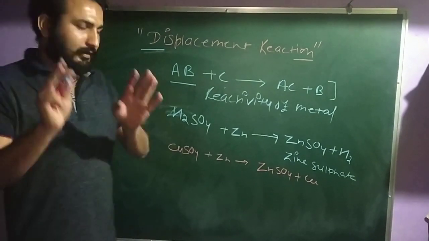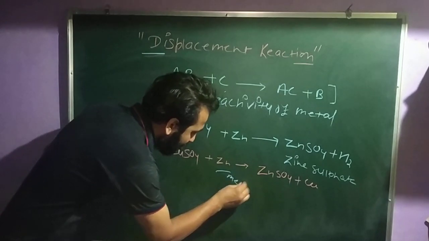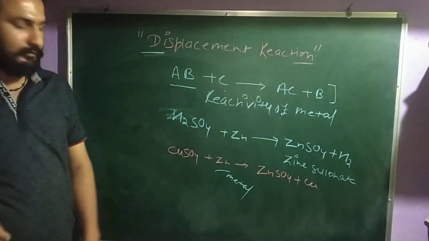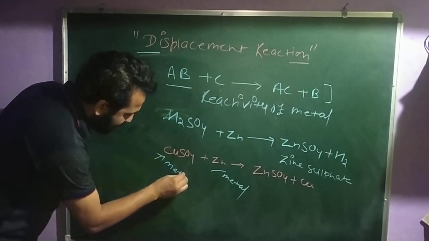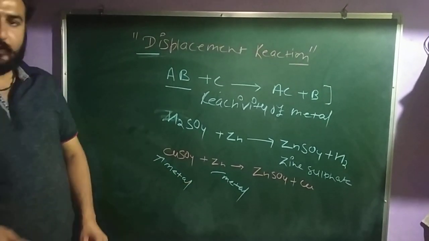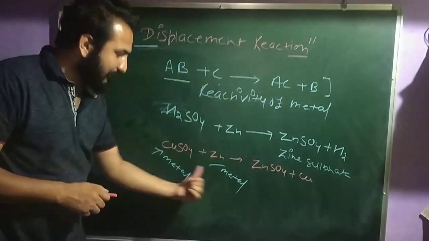Clear? So look here. This Zn is a metal. This copper is also a metal. Clear? So displacement कहाँ पर हो रहा है? इन metals के बीच में displacement हो रहा है.